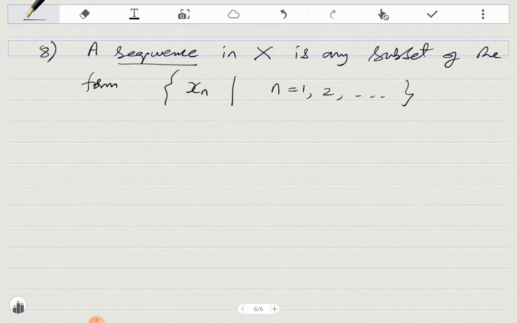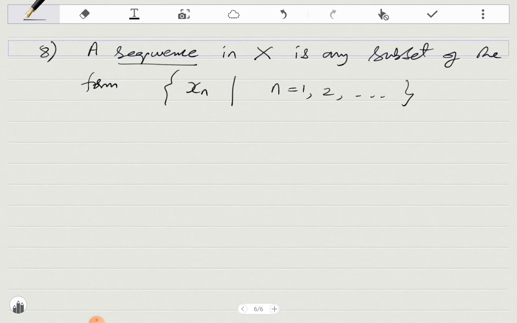All the Xn's might be equal to a single point. Essentially a countable subset of X is called a sequence, but a sequence is slightly more in the sense that it comes with an indexing.